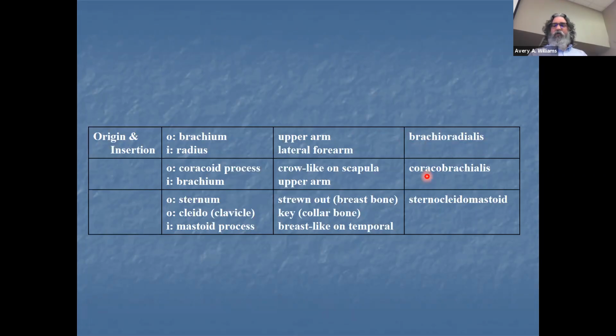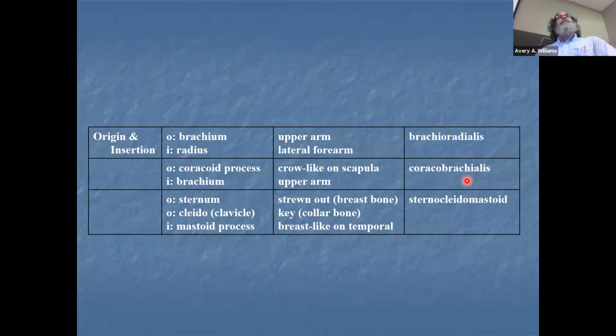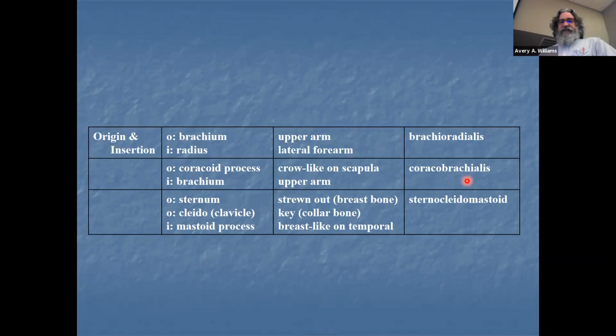There's another example, coracobrachialis. Coraco, there's a process on the scapula called the coracoid process. That's a mammal thing. I told you that in the skeleton, there's only 2 bones that form the pectoral girdle, and that's a mammalian thing. So non-mammals have at least 3.